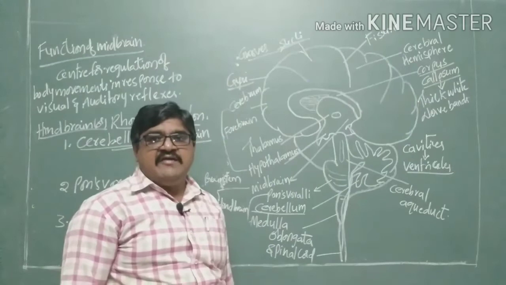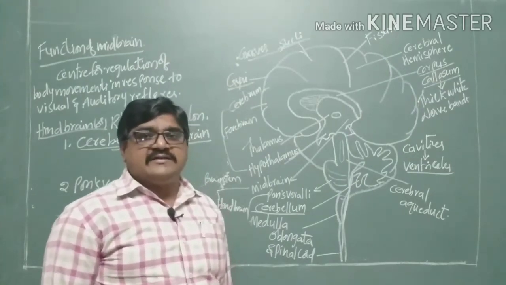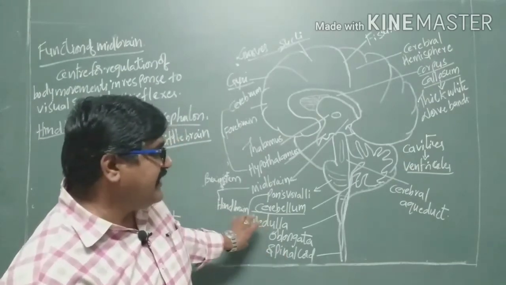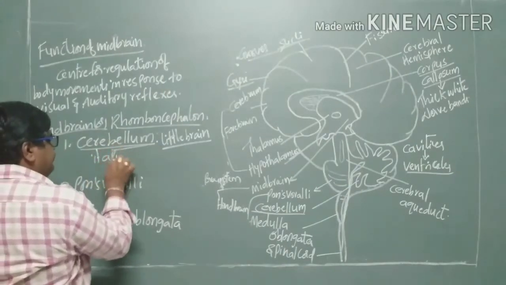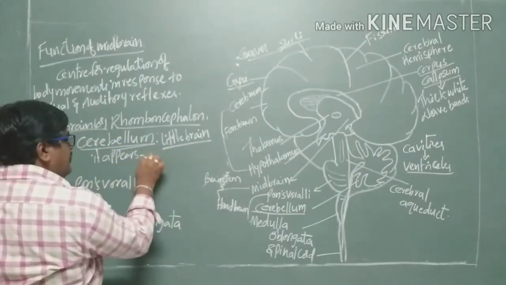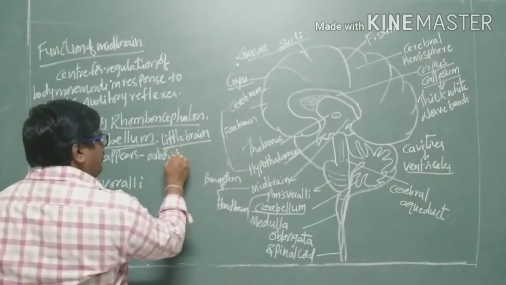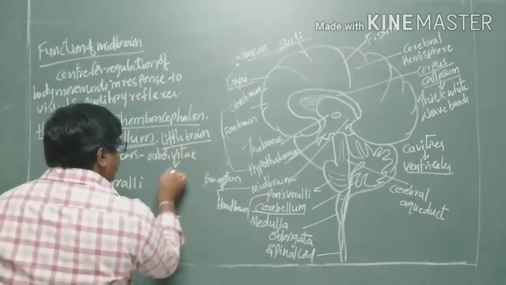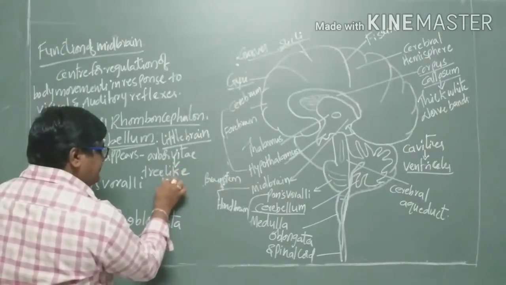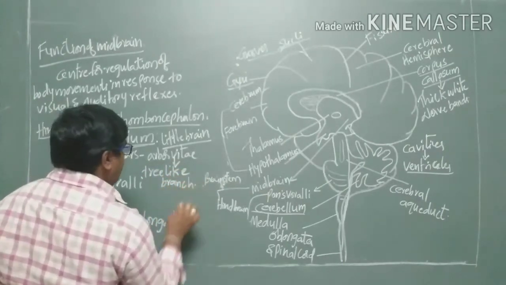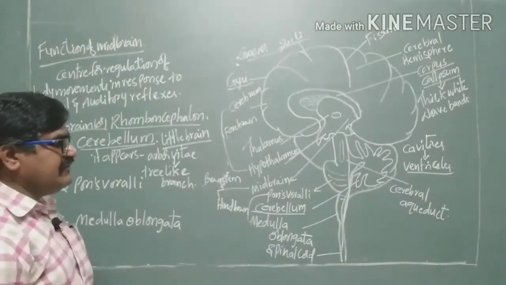It has an iter, or aqueduct, and it also appears like an arbor vitae. Arbor vitae means a tree-like branch.